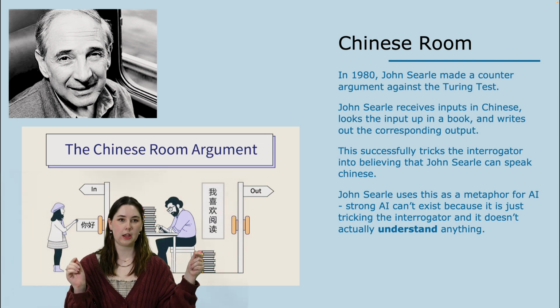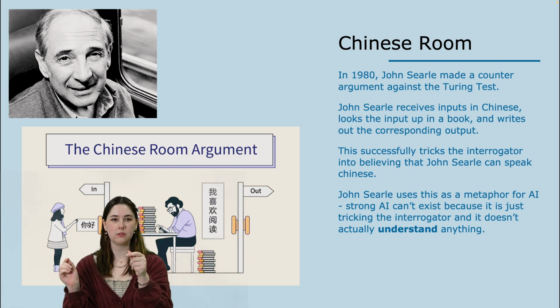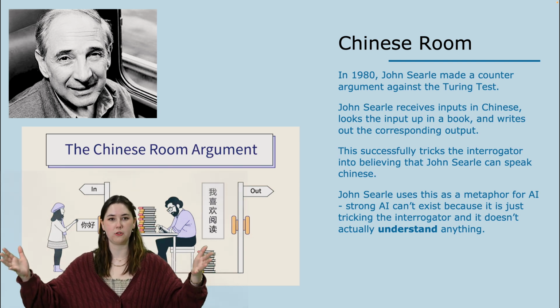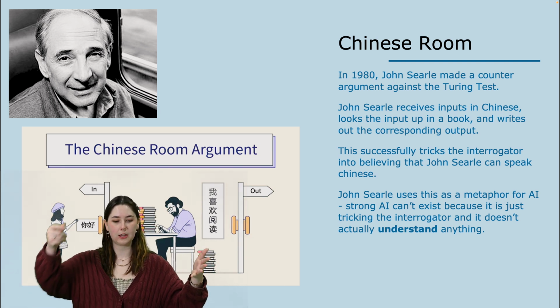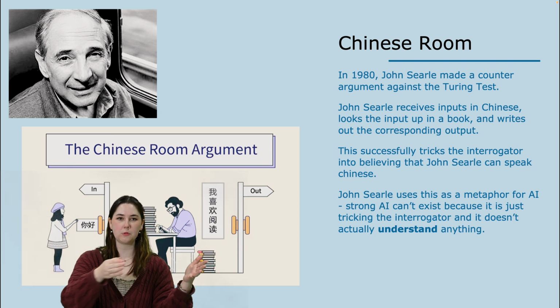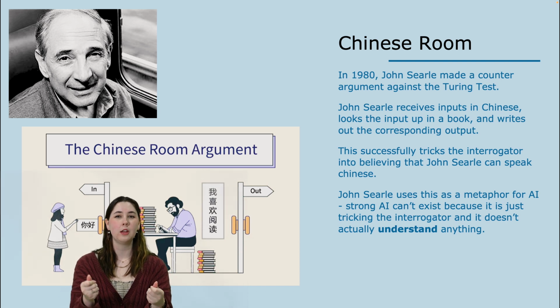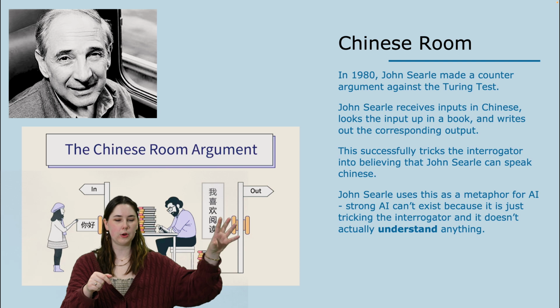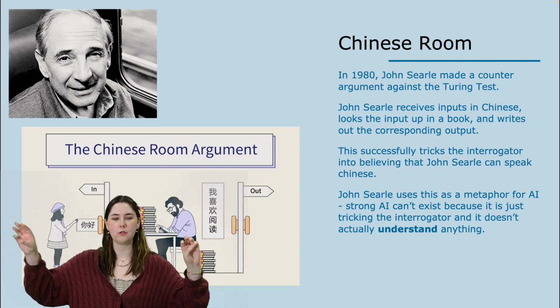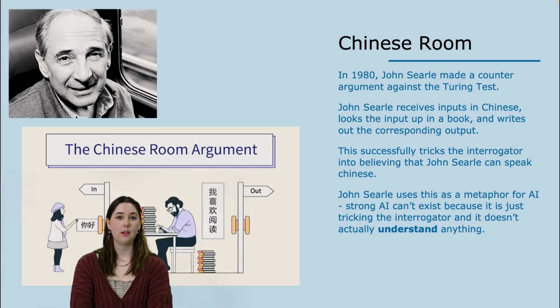And our interrogator is putting in messages in Chinese, and John Searle has this massive set of books, and he's getting the message, reading it, and then he's got an output for that response. Now, importantly, he does not translate the message into English and then translate it back. He's just saying, when I get this input, I give this output. Sort of like a bunch of if statements. So we can think about it that way.